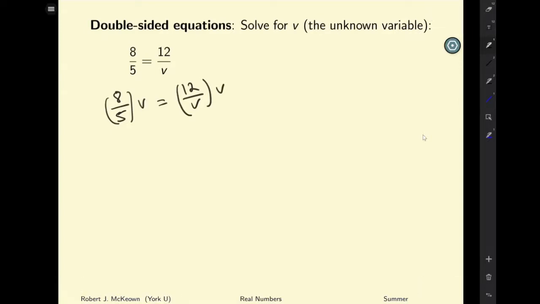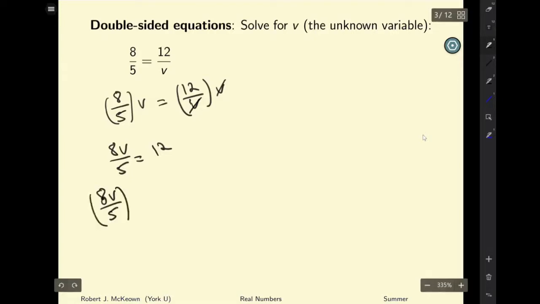What happens next? Well, you can probably see that v divided by v is just equal to 1. And now I'm left with, I could rewrite this as 8v over 5 is equal to 12. Now if I want to get rid of that 5, 8v over 5, I'm going to multiply both sides of the expression by 5.